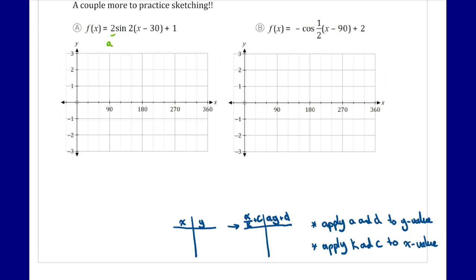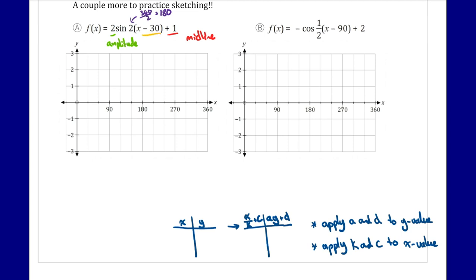So the 2 tells us the amplitude. This 1 tells us the midline. This 2 here tells us that 360 divided by 2 equals 180, so my entire cycle has a period of 180.